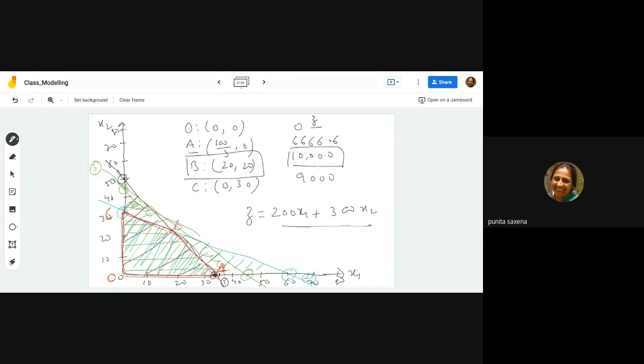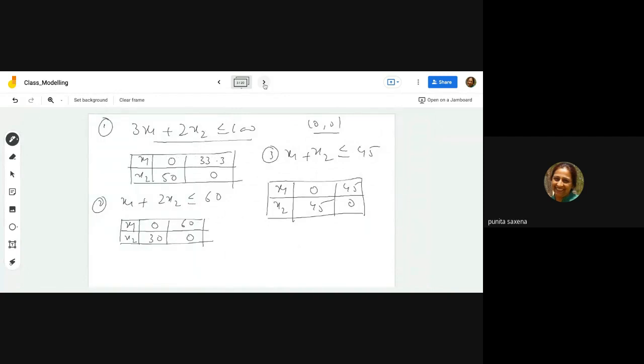So we'll say that the optimal solution is x1 equal to 20, x2 equal to 20, and maximum z is 10,000 units. Whatever your z was, of course it was the profit, right?